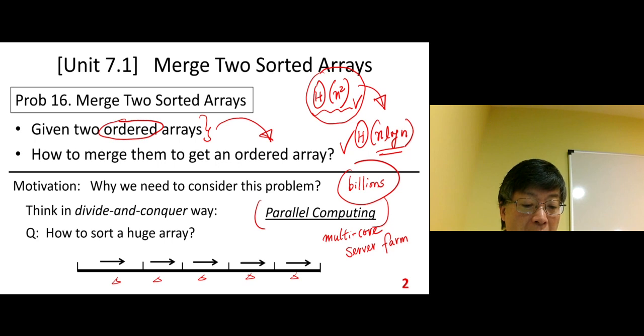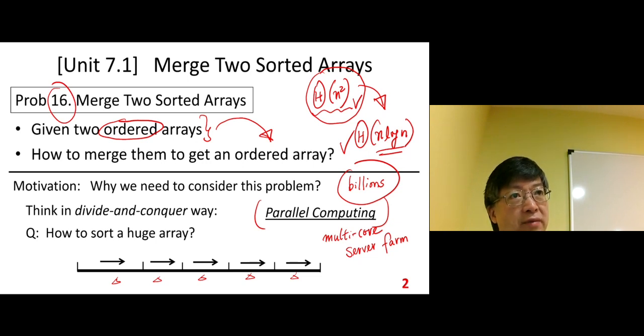After that, how can we get one final overall sorted array? Now, our question number 16 is a reasonable question, right?